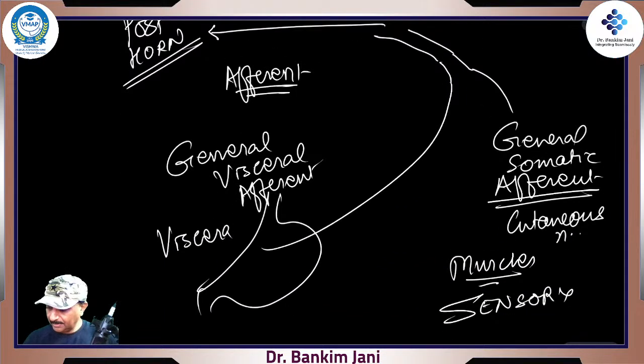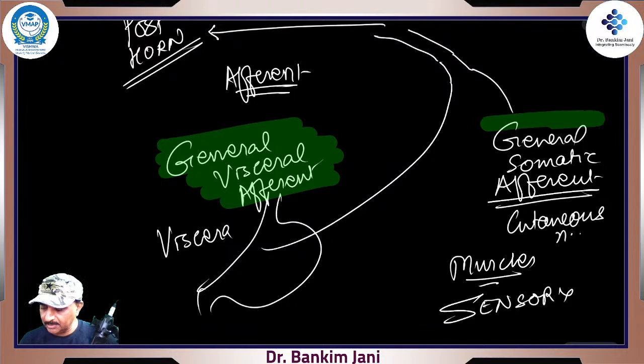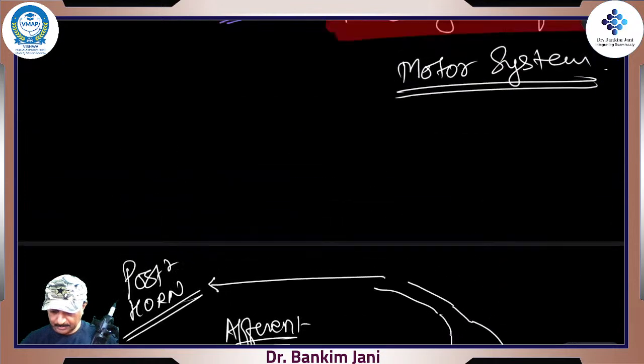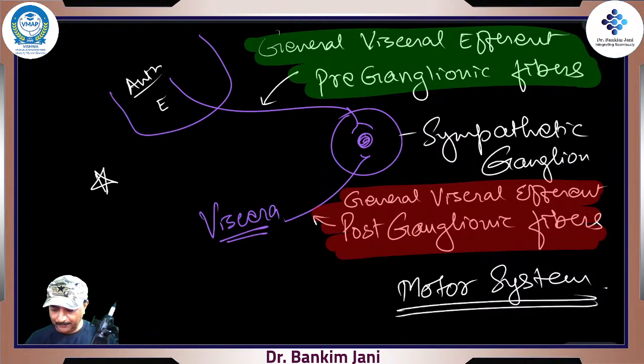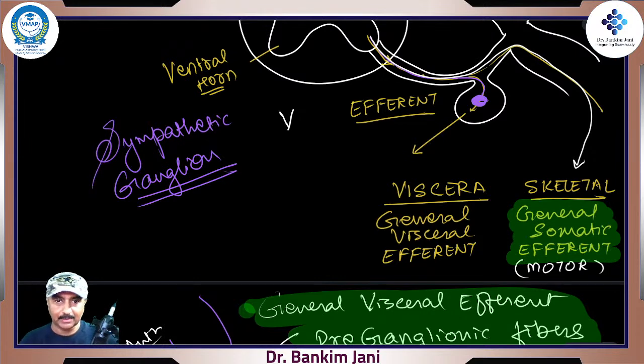So now we are confident about what is general visceral afferent, general somatic afferent, general visceral efferent postganglionic fibers, general visceral efferent preganglionic fibers, and general somatic efferent, right? So pre and post ganglionic fibers are only for the autonomic nervous system, especially the efferent exit.